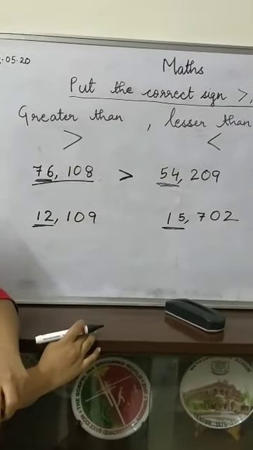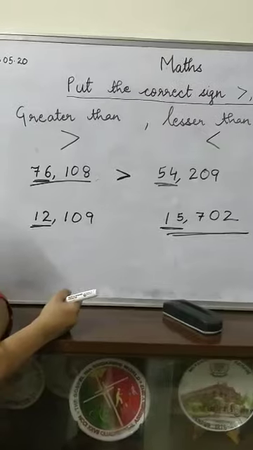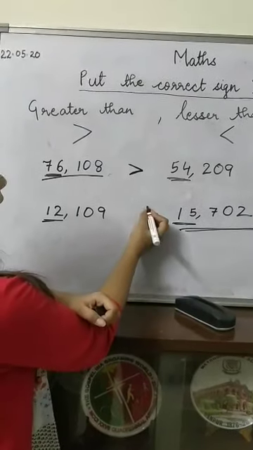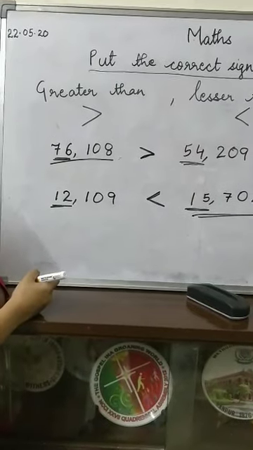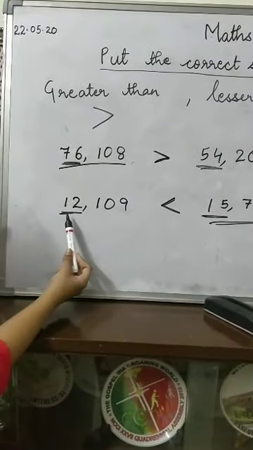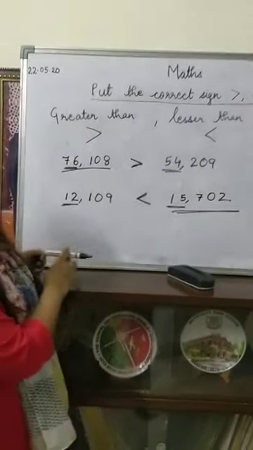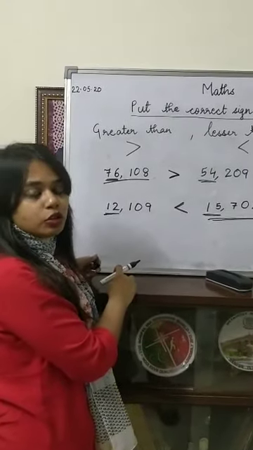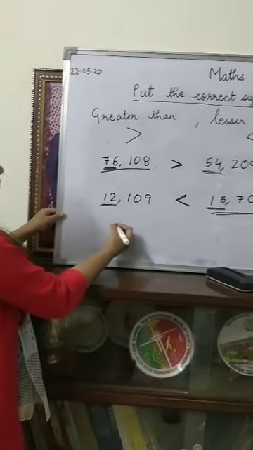Obviously 15 is greater than 12. So this whole number 15,702 becomes greater than 12,109. And similarly we can say that 12,109 is lesser than 15,702. Right, boys?